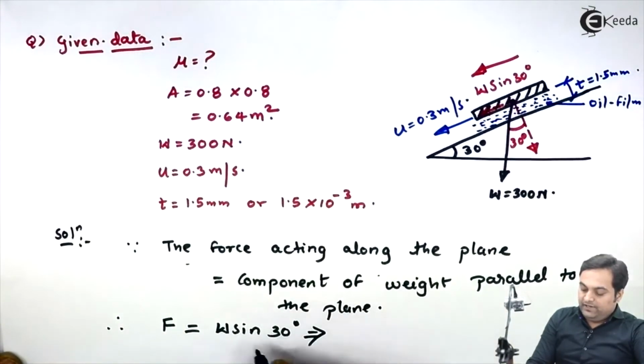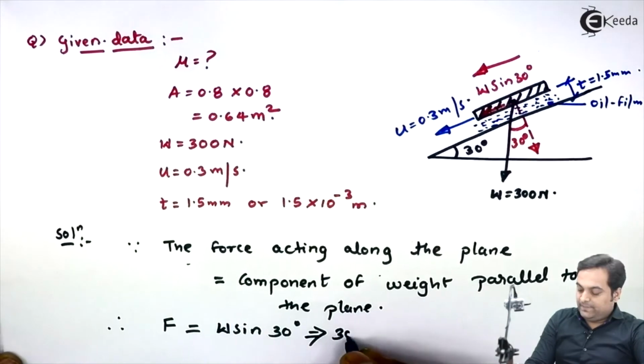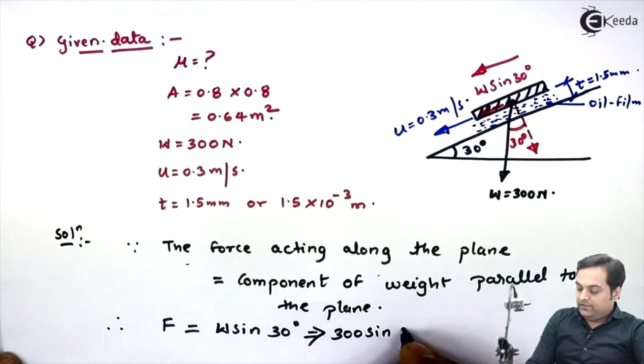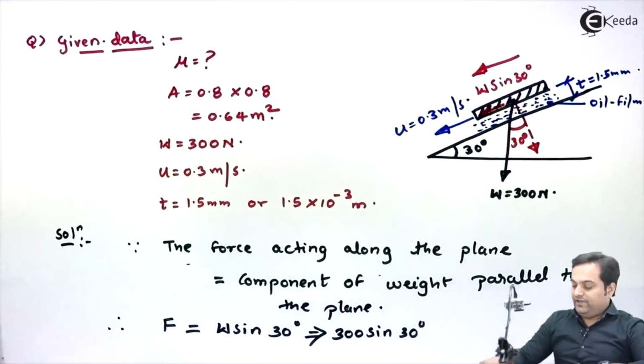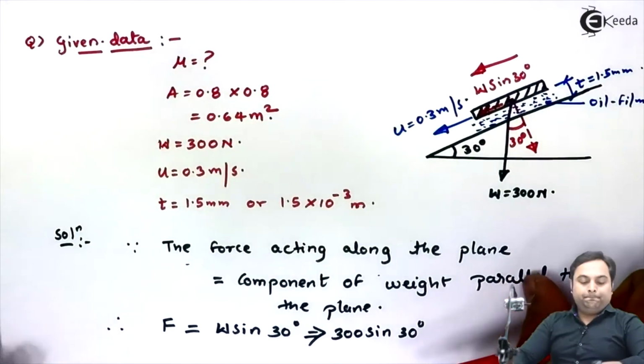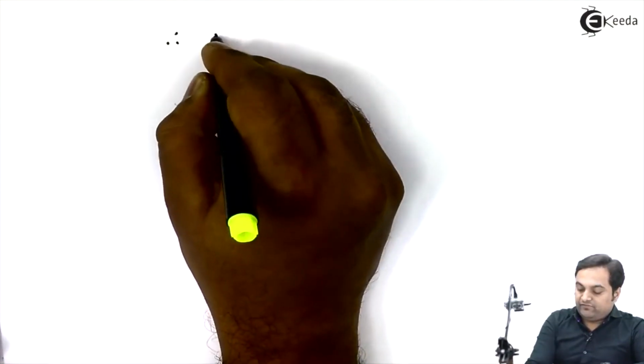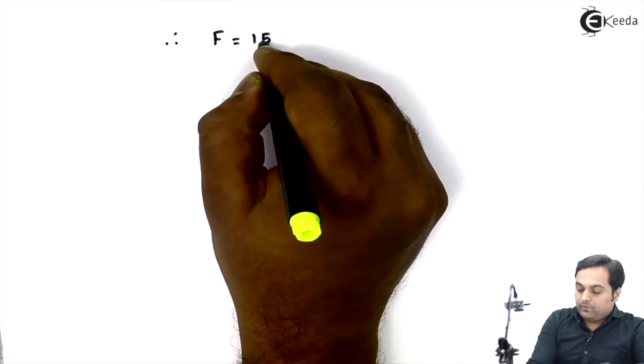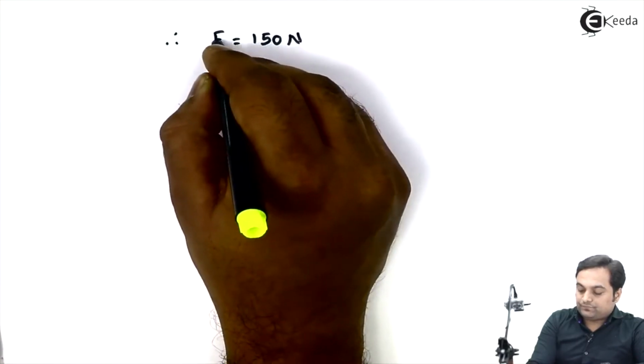Here I'll put the value. W is 300, so 300 sine 30. The answer of F comes out to be 150 Newton. So therefore F is equal to 150 Newton.